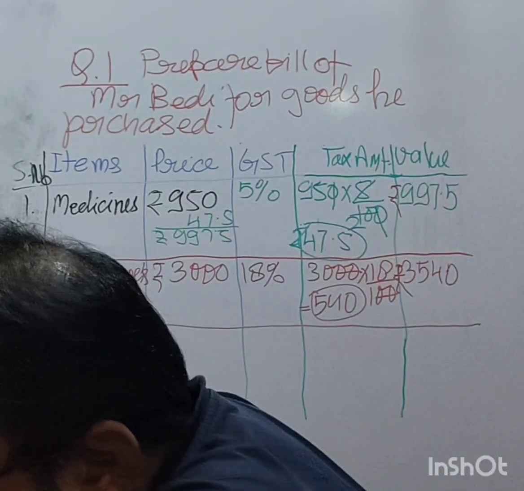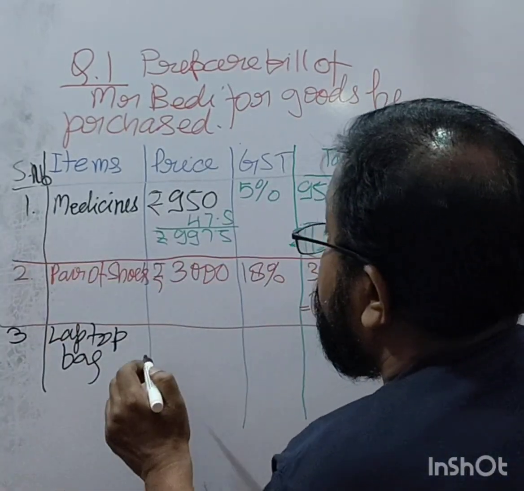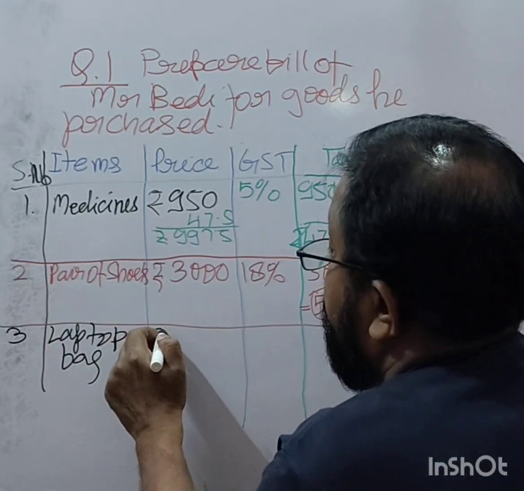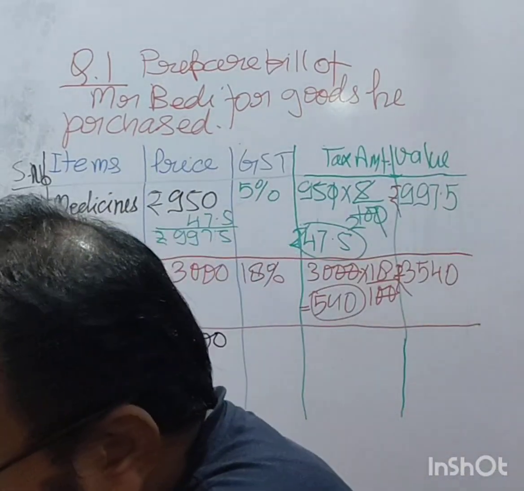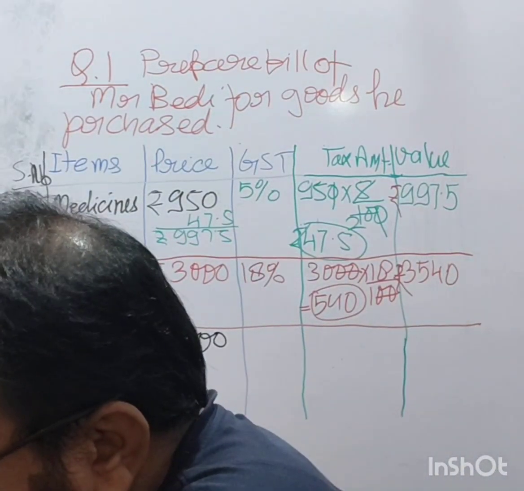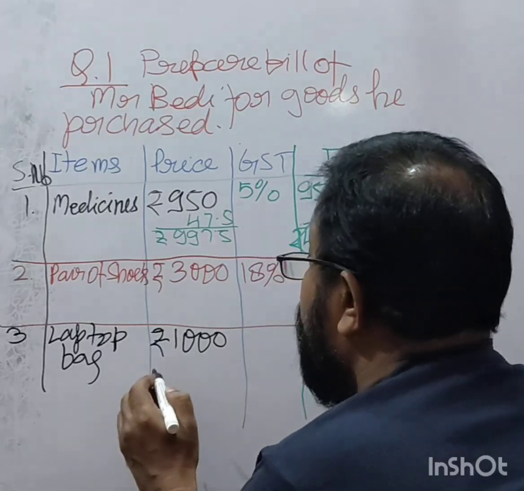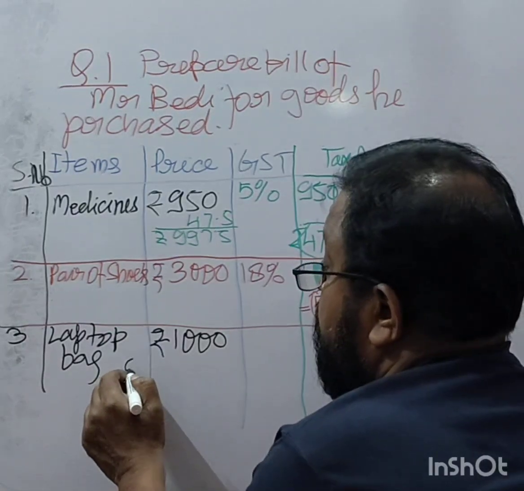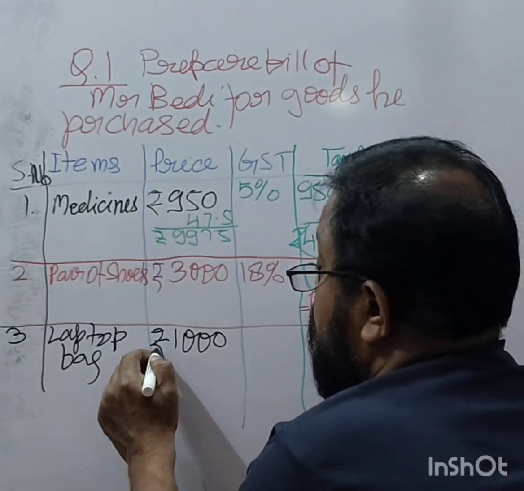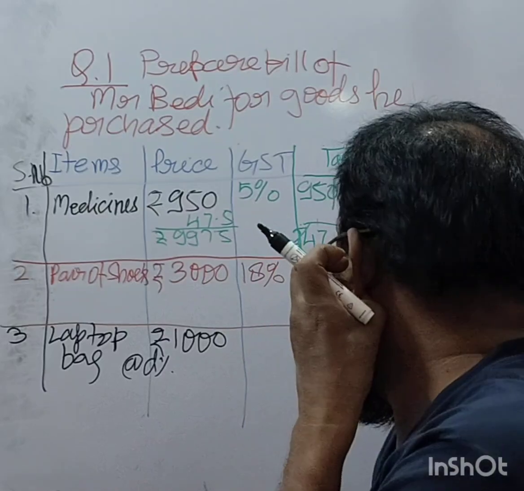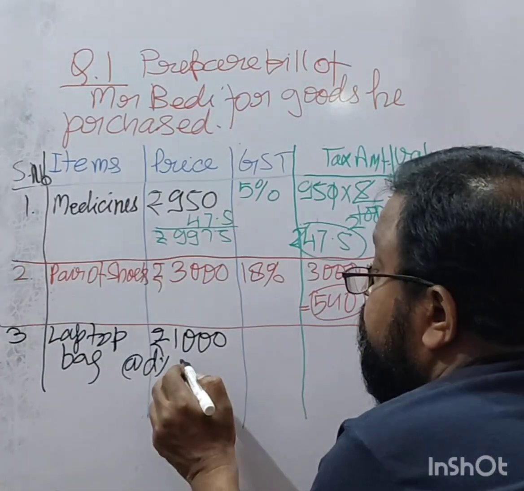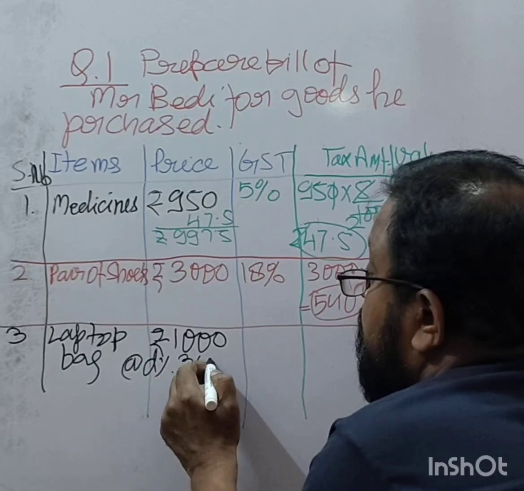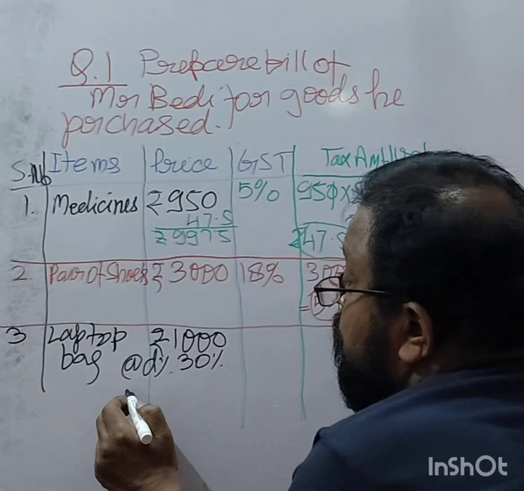Its cost is 1,000 rupees, at a discount of, oh my god, discount percent is how much? 30%.